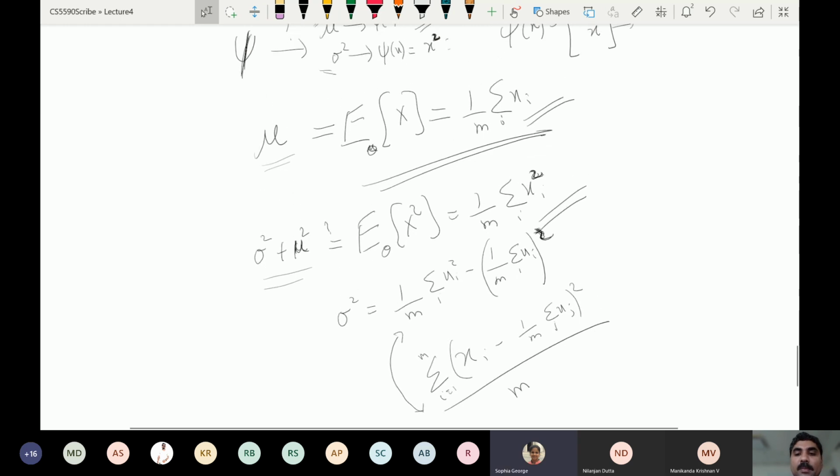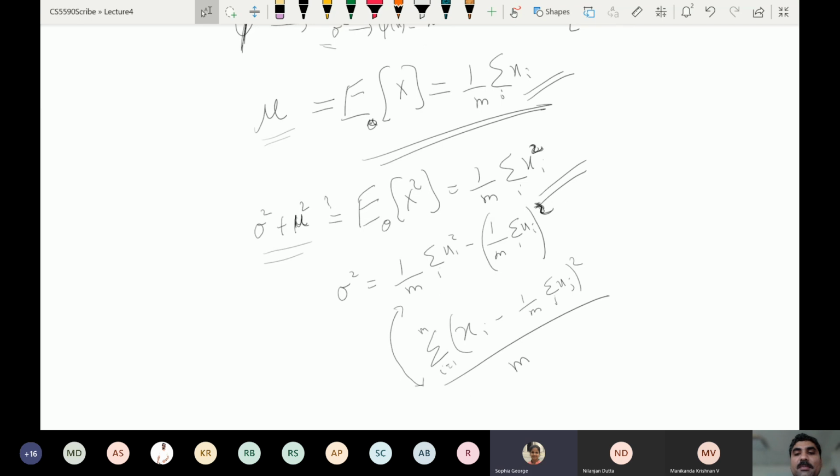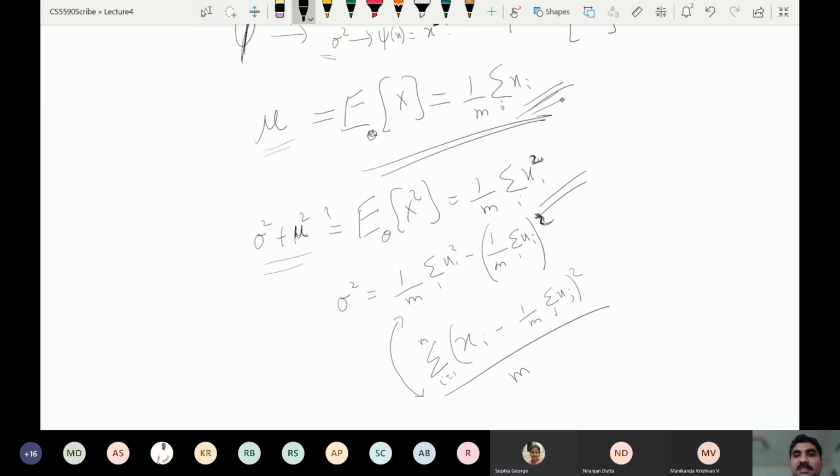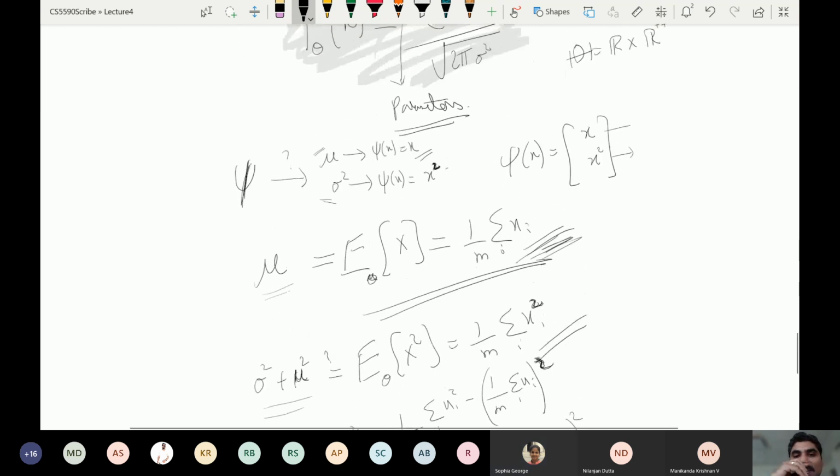It is the same only if mu is equal to 0. But mu is not 0 clearly. You have a mu term, so they are not the same. That's why, suppose I take another function.